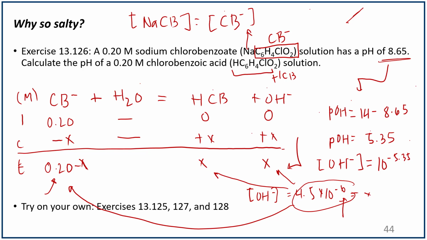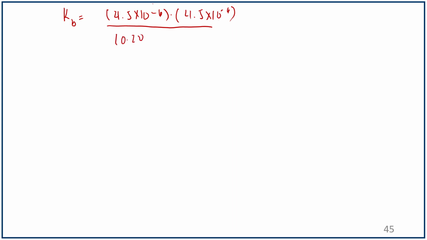Okay, so therefore the Kb expression, again we still don't know what Kb is, should therefore be 4.5 times 10 to the minus 6. Okay, that's the concentration of chlorobenzoic acid times 4.5 times 10 to the minus 6, divided by 0.20 minus 4.5 times 10 to the minus 6.